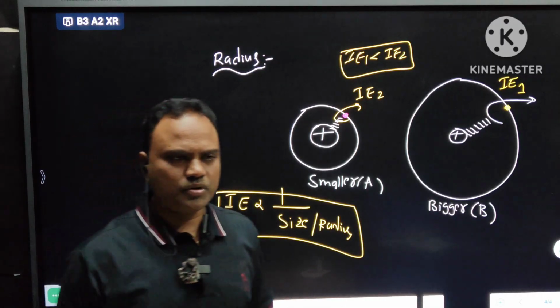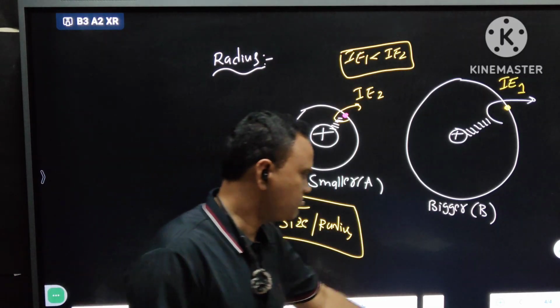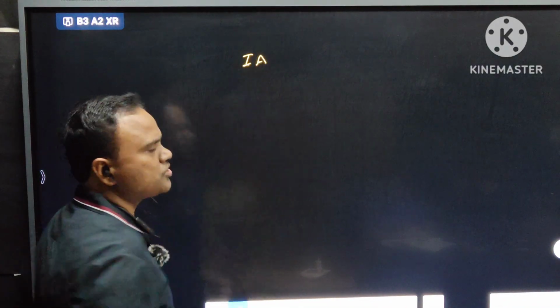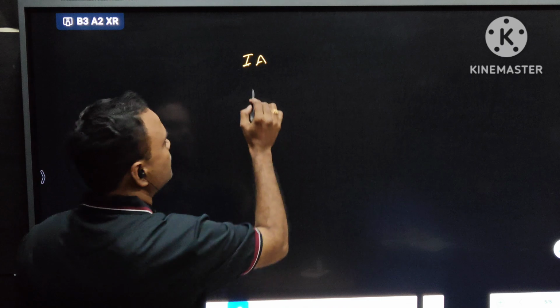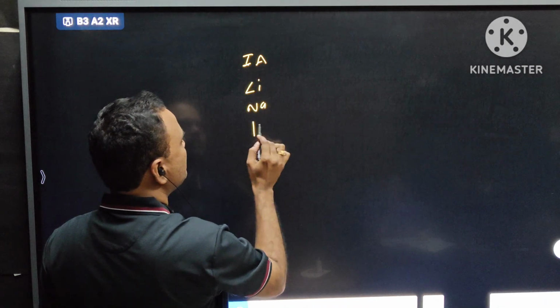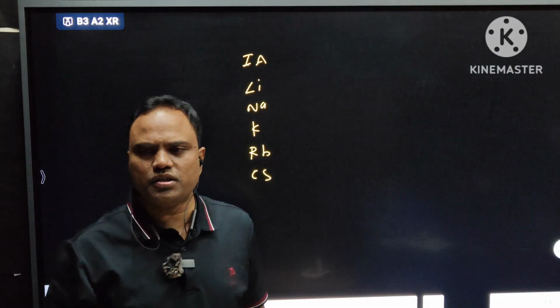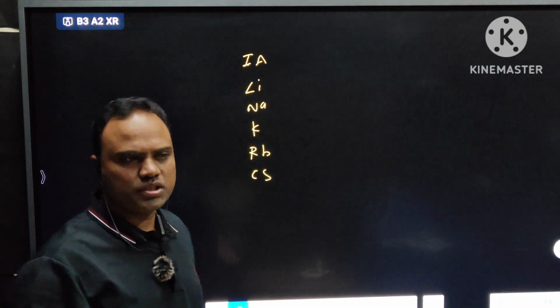Let us take one example. First group elements: lithium, sodium, potassium, rubidium, cesium. Whose size is more here? Cesium size is more.